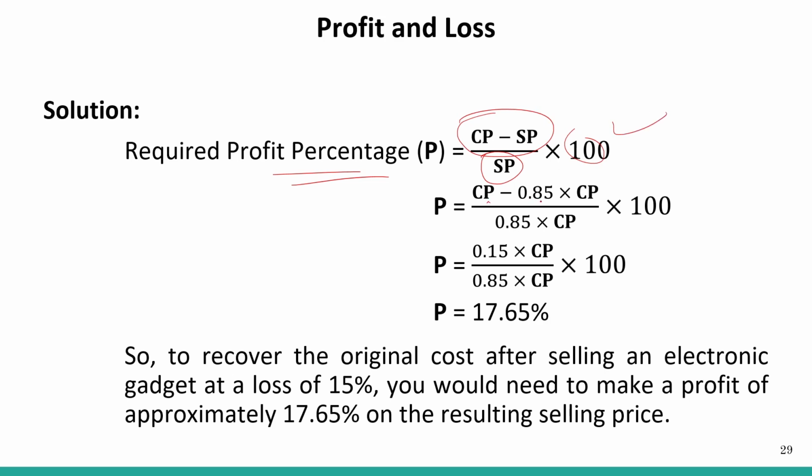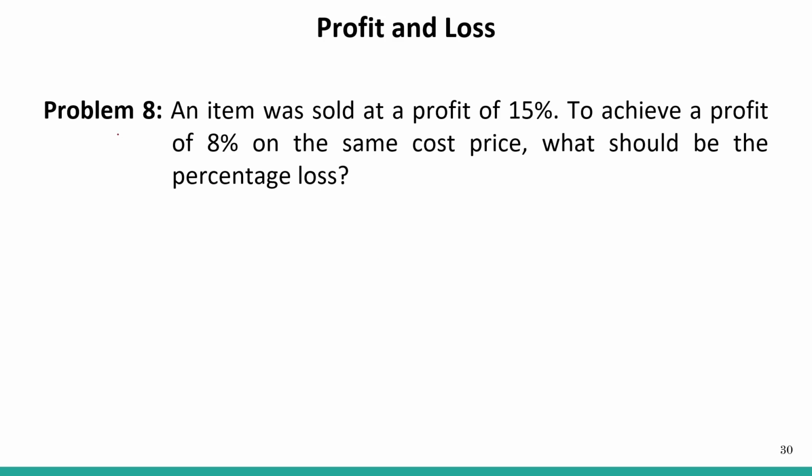So CP minus 0.85 into CP gives 0.15 CP. In the denominator, we have the new selling price, that is, the price after the 15% loss. So multiplying with 100, we are left with 17.65%. So on the resulting selling price, 17.65% is the profit that we need to make to get the original price back. Okay, so let's see problem number 8.